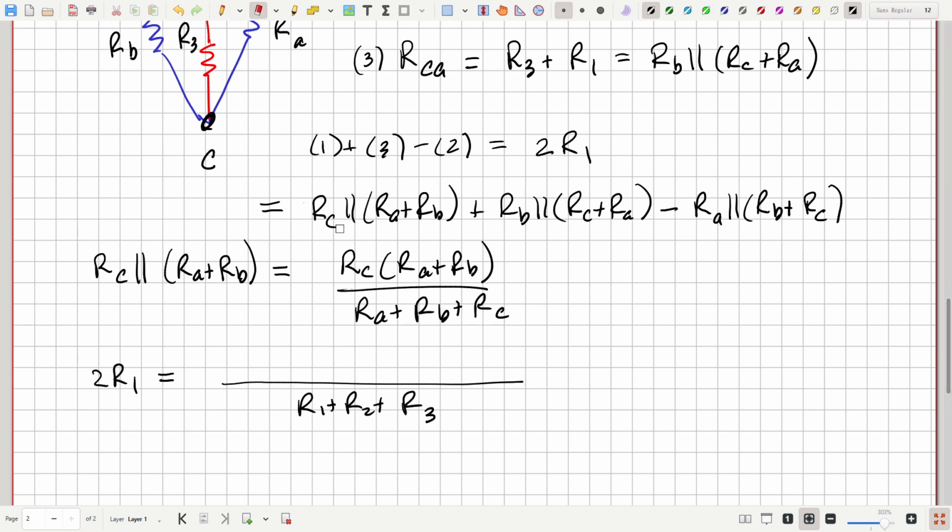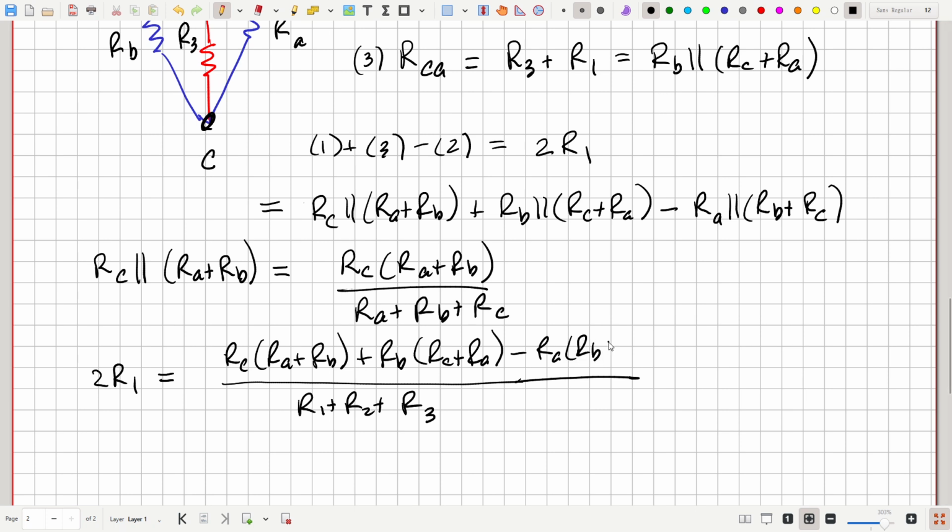And we're going to have RC times RA plus RB, plus RB times RC plus RA, and then minus RA times RB plus RC.